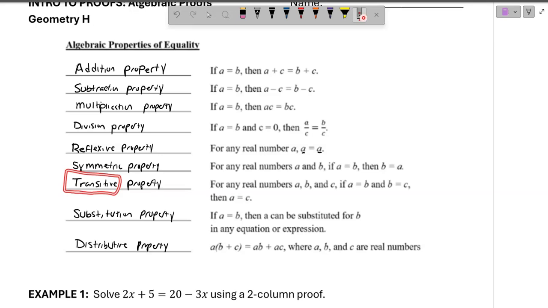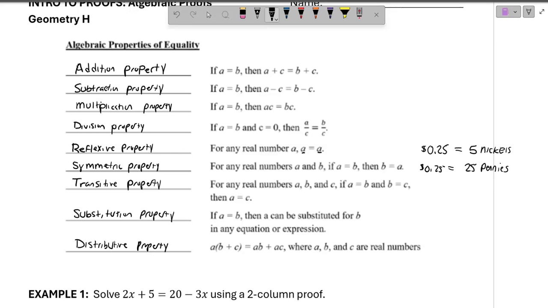This one's probably best shown through an example. We know that 25 cents is equal to 5 nickels. Let me go back and start this again. We can say that 25 cents is actually equal to 25 pennies.